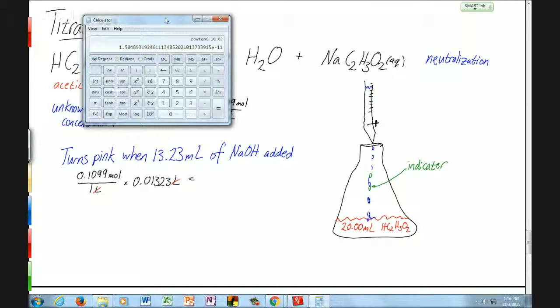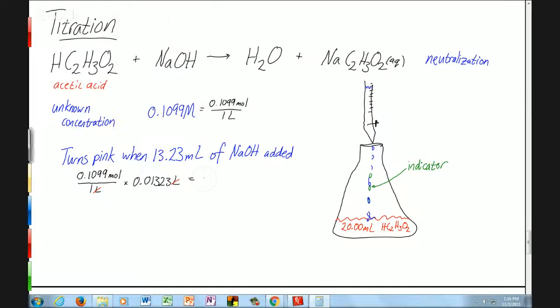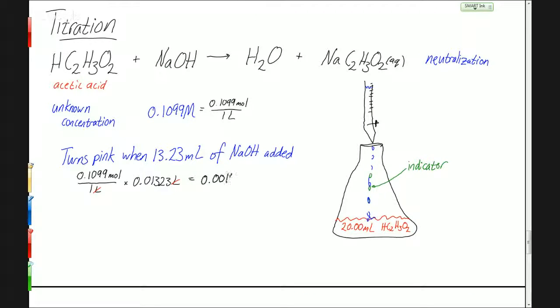And so that's going to be 0.1099 times 0.01323, which is 0.00145 moles of sodium hydroxide added. So exactly at that point where it turned pink, we added 0.00145.